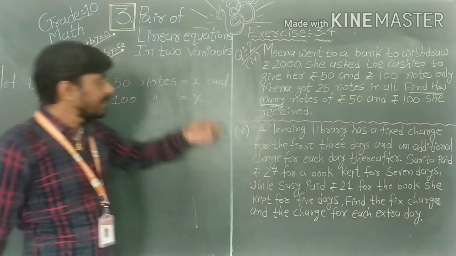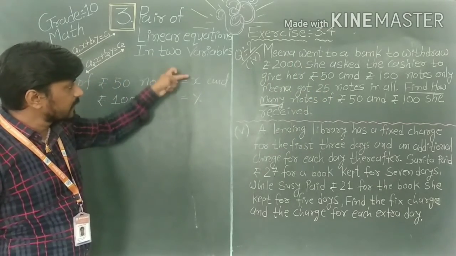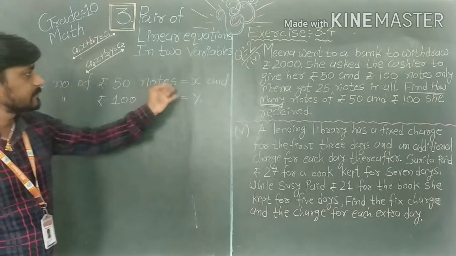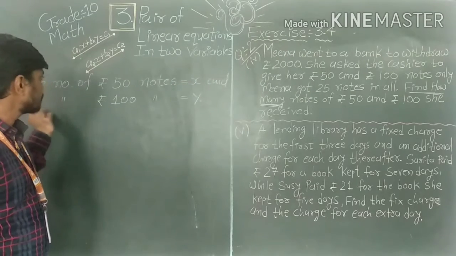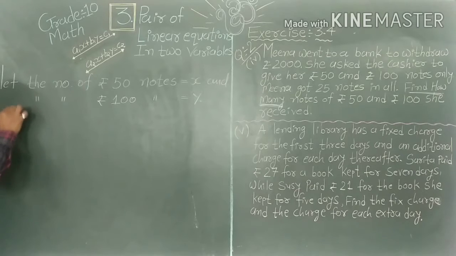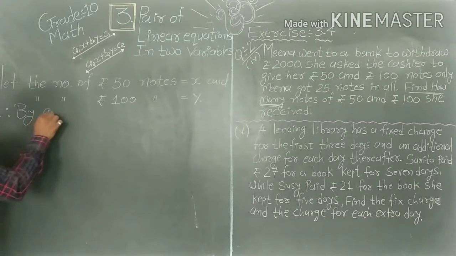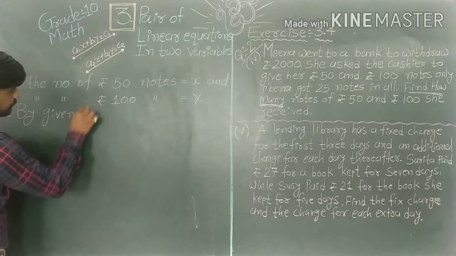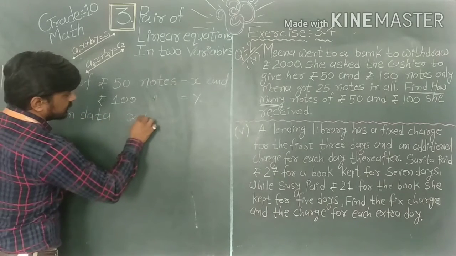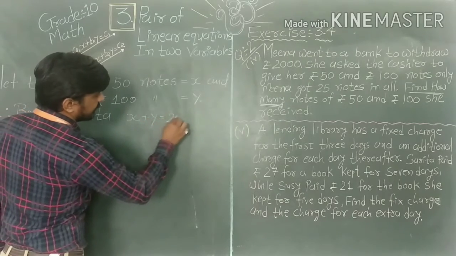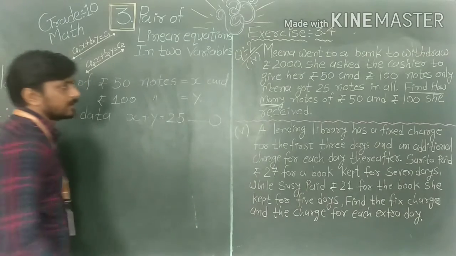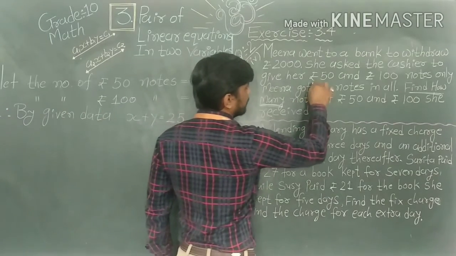Therefore I write, by given data, X plus Y is equal to 25, because she has the number of 50 notes as X and the number of 100 notes as Y. This is our equation number 1. Look here, total 25 notes.